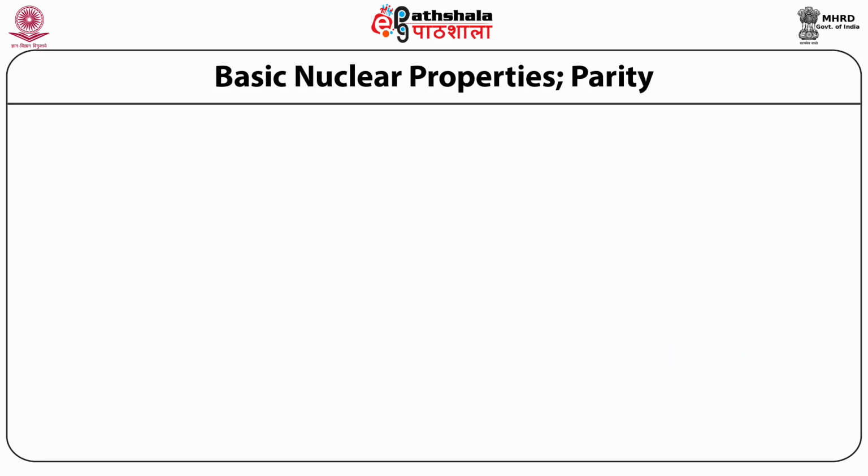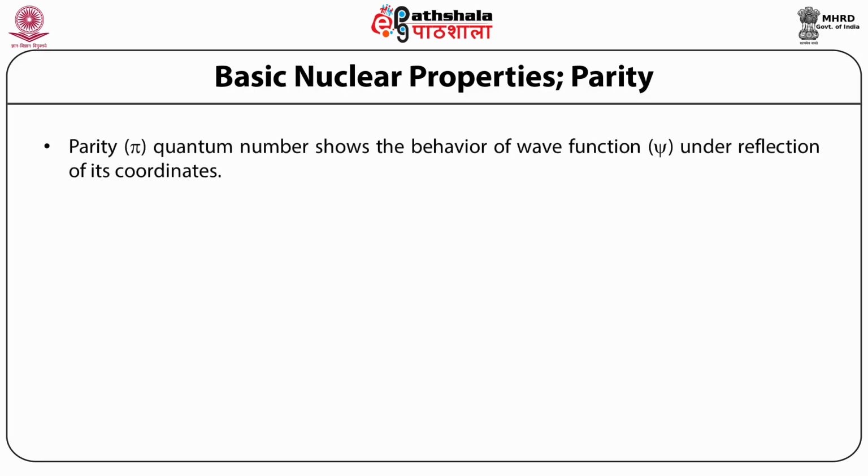Basic nuclear properties: parity. Parity is another important property of nuclei. It means that in whatever state the nuclei are, they will have some parity. First of all, we need to understand the meaning of parity. The parity quantum number shows the behavior of the wave function under reflection of its coordinates. Now we know that the nucleus is a quantum mechanical system, so it is guided by a wave.